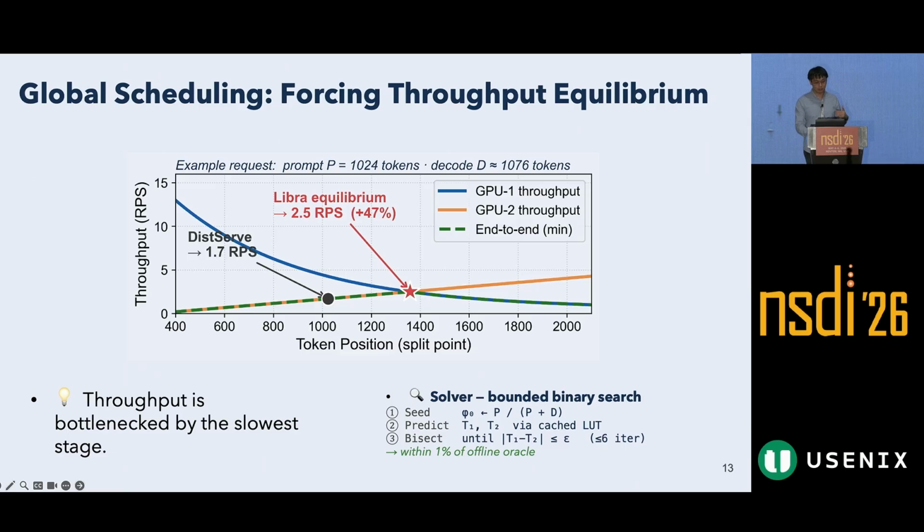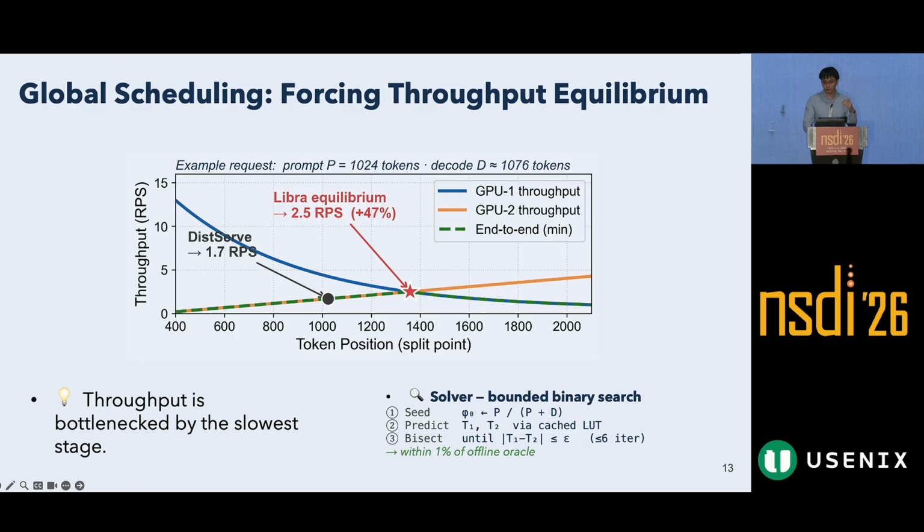To find this equilibrium point, we propose a solver. It's a boundary binary search on the partition ratio. It starts from the PD disaggregation point at the end of the prompt, and predicts each GPU's execution time based on the metrics we collected, reusing the cumulative clocks from the previous request.